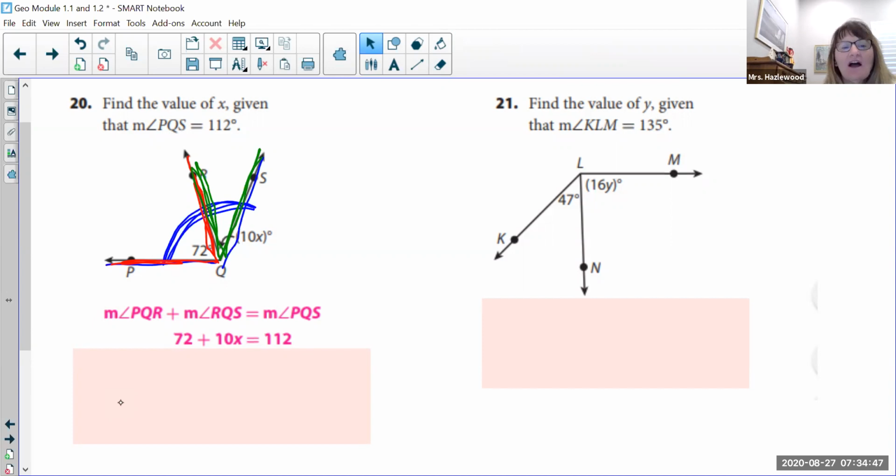And then the measure of angle PQS is 112. So now I'm just going to use my algebra and solve for x, because that's what they're asking me to do. I'm going to subtract 72 and then divide by 10. And when I do that, I end up with 4.